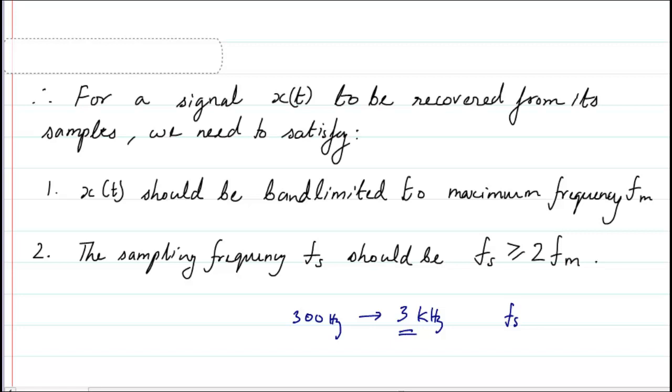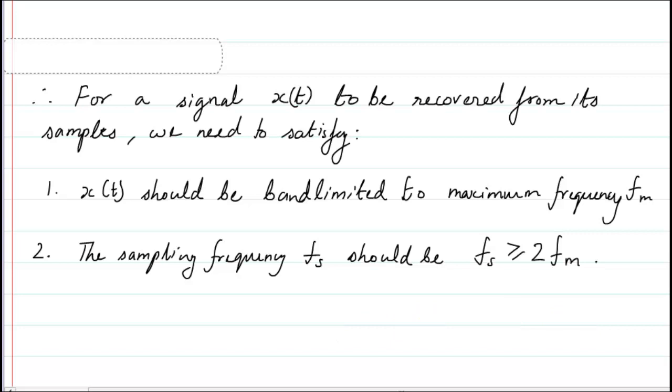But 6 kilohertz is going to leave no guard band. So I will sample it with 7 kilohertz or maybe even 8 kilohertz. Generally we say it is 8 kilohertz. So the human voice can be sampled at 8 kilohertz and still be recovered from that signal.